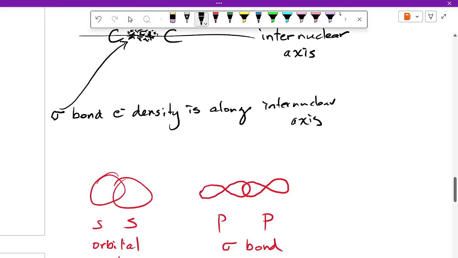But what if my p orbitals overlap this way? Where is the electron density going to be relative to the nuclei?